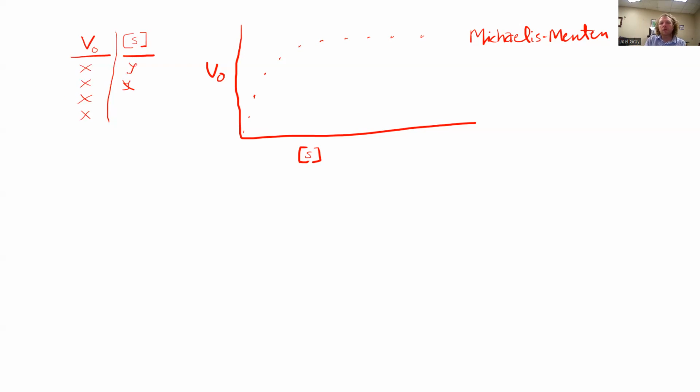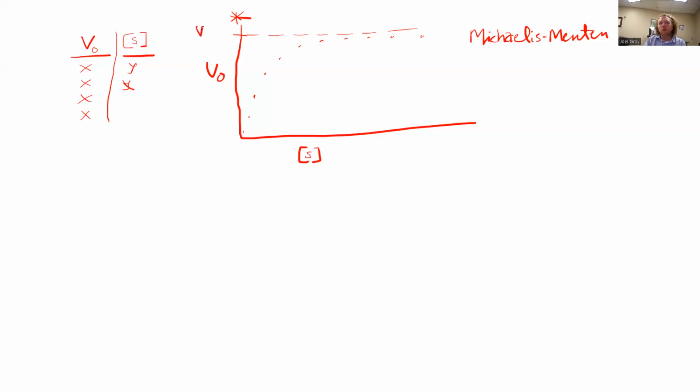Now, with that in mind, this is valuable information because you can look at your y-axis and see roughly where your velocity hits its peak. As long as the substrate concentration keeps increasing, your velocity never increases.